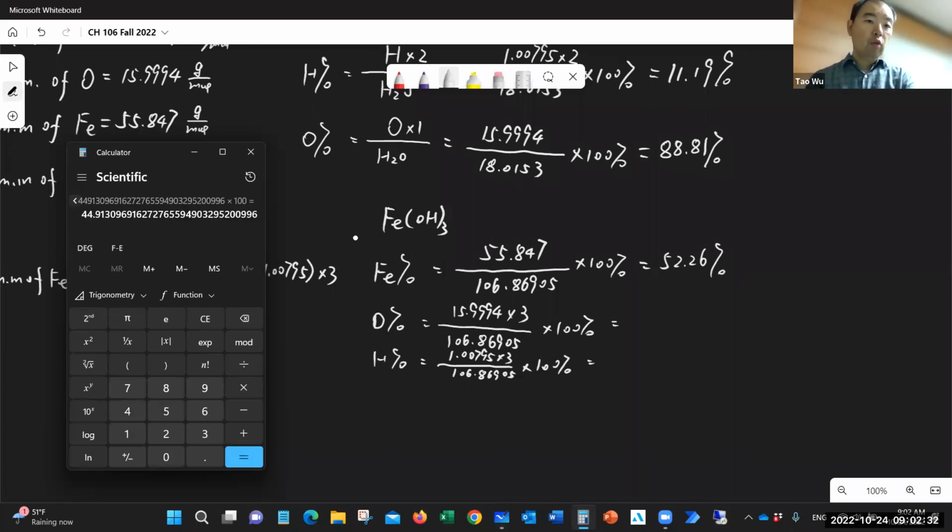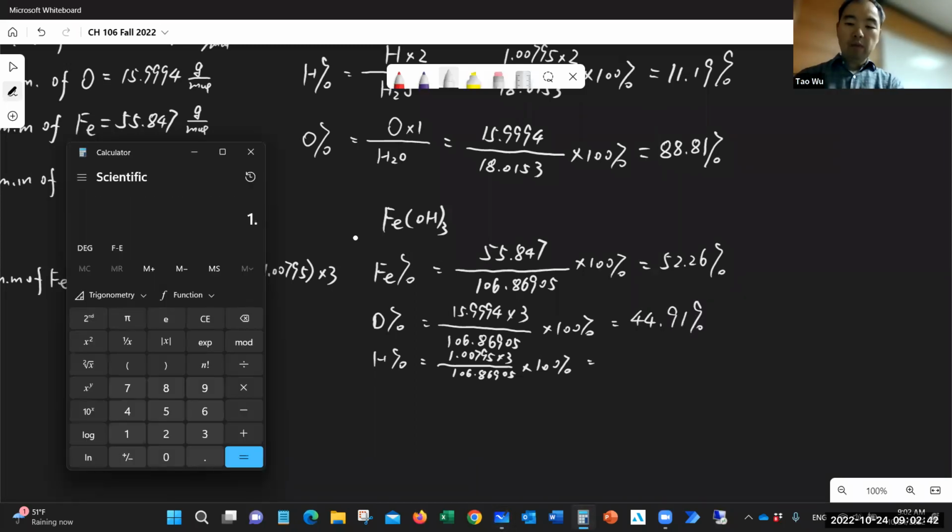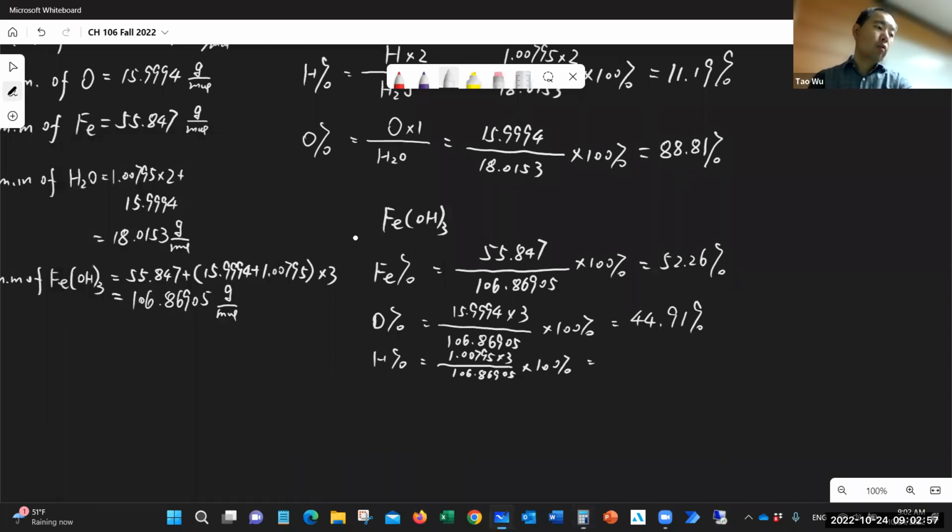You get 44.91%. The last one, hydrogen: 1.00795 times 3 divided by 106.86905 times 100. You get 2.83%.